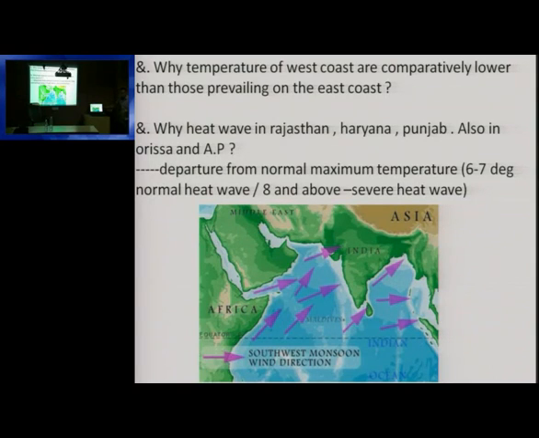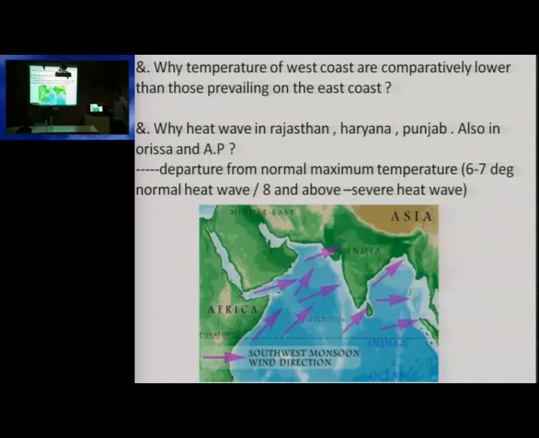Assume in the peninsular region we don't have heat wave because of the marine effect. The marine regions bring moderating effects. But in the Punjab Haryana region, because of continentality, there is high temperature. But there was heat wave in this Orissa, AP region. Why? Because the warm heat wave that has been generated extended to this part, and the marine effect was negated by this heat wave flowing from the northwest part of India.